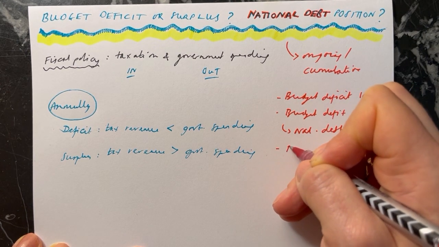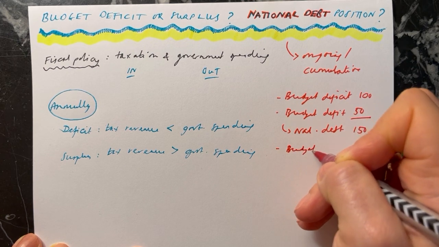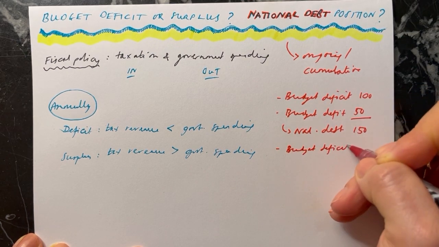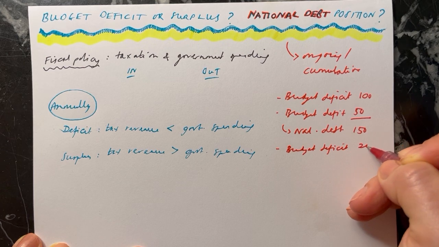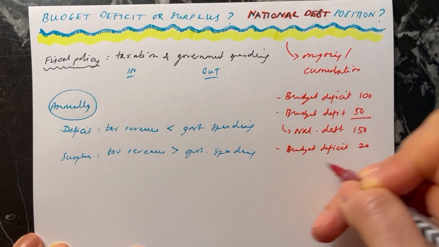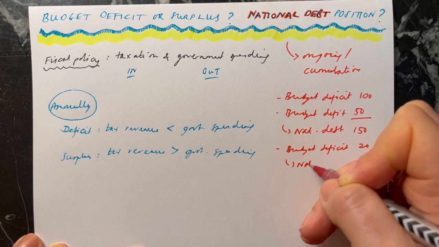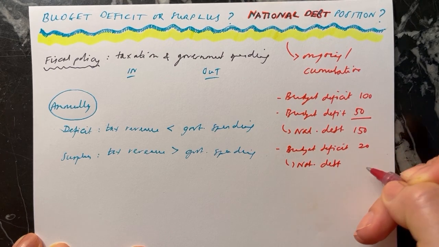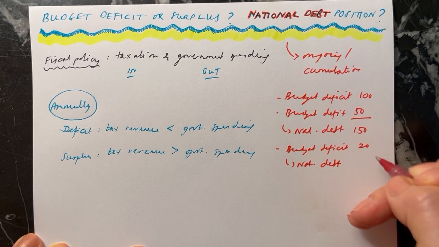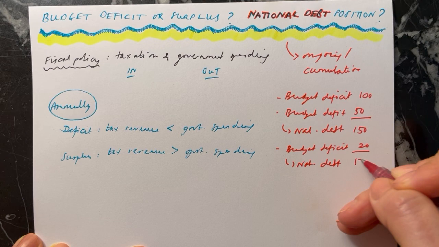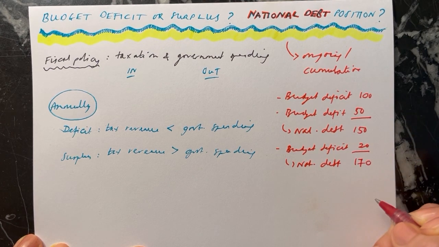If the next year there is another budget deficit of 20, you just add this on to get your new national debt, which will now be 150 plus 20, which is 170.